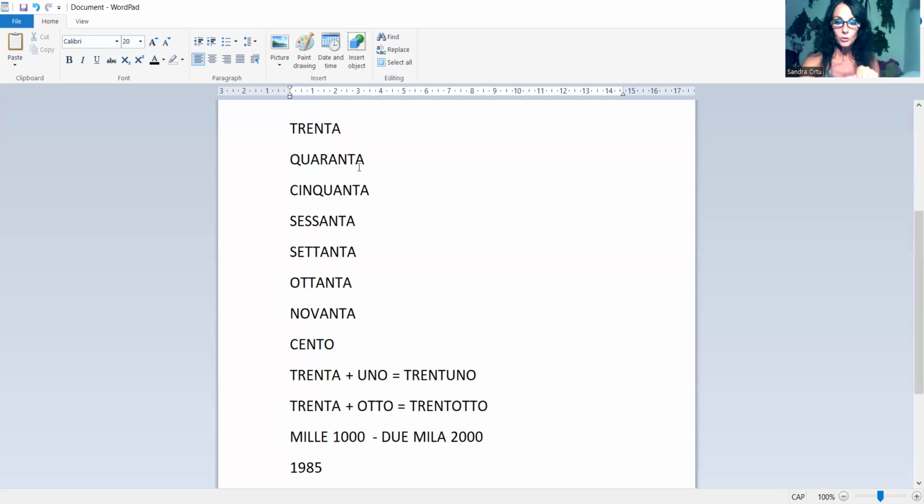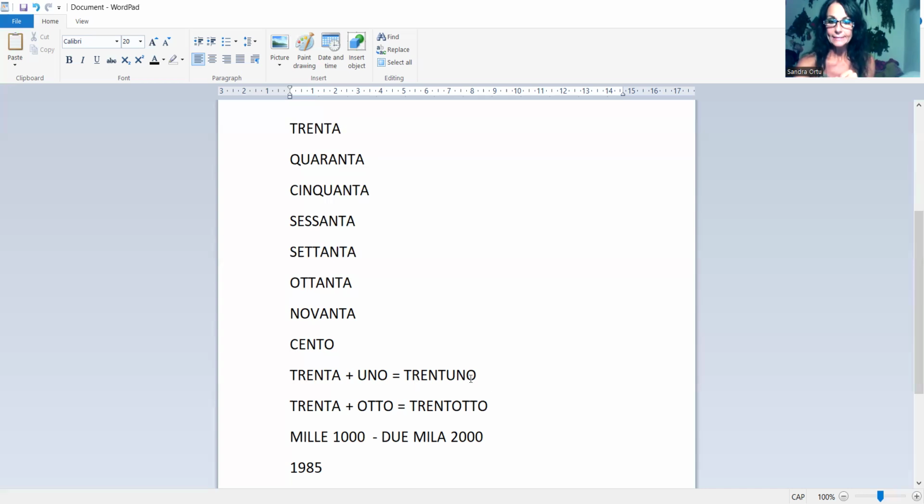We'll do it with all of them, as I said. If we are using 40, we drop the A from 40. 50, all of them. We drop the last vowel, and then we attach the number 1 or 8.